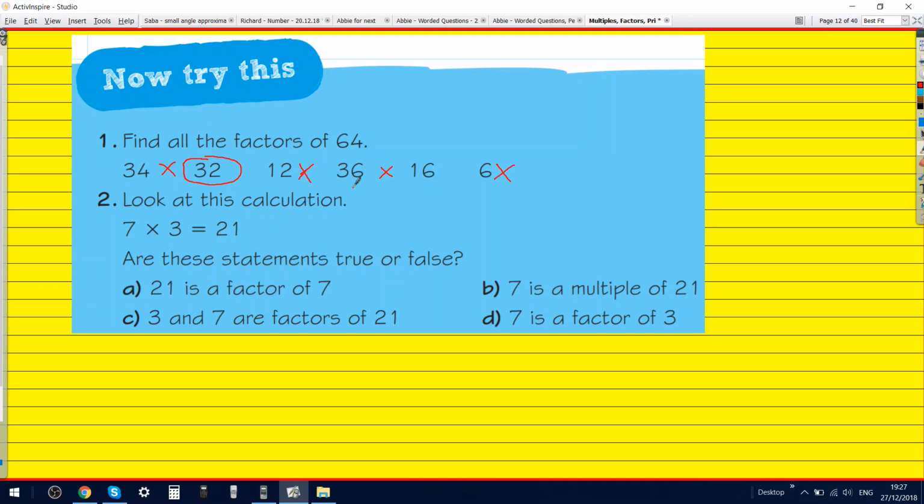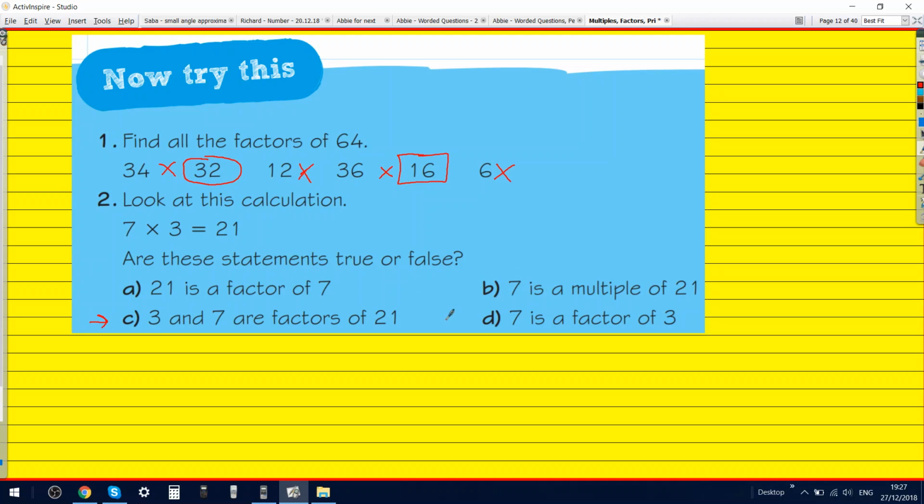And 16, I think 16 is a factor. Yeah, because that's similar to the 8. 8 times 2. So 16 is 8 times 2, so it'll be times 4. Okay. Yes. Okay, let's do C and D.